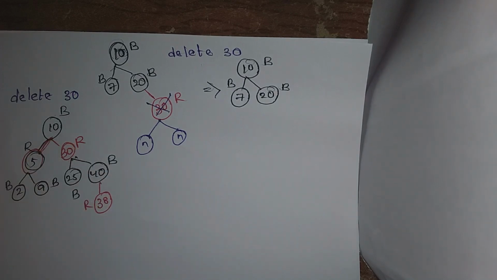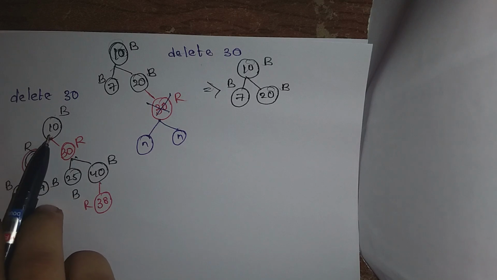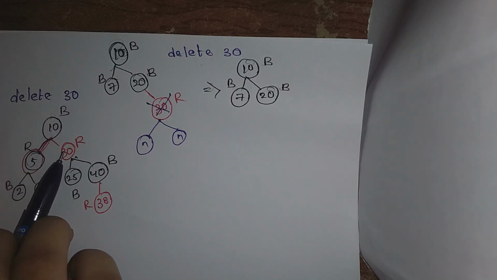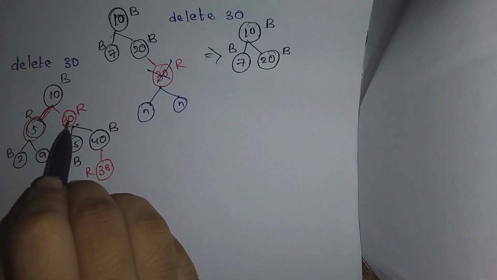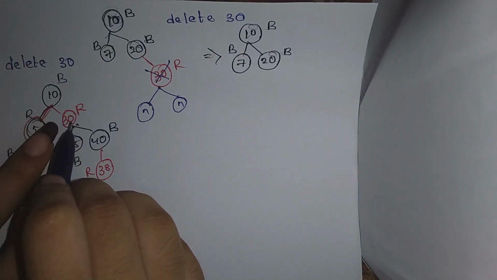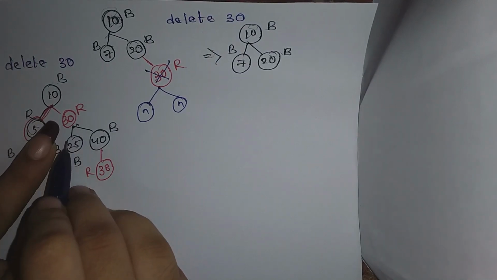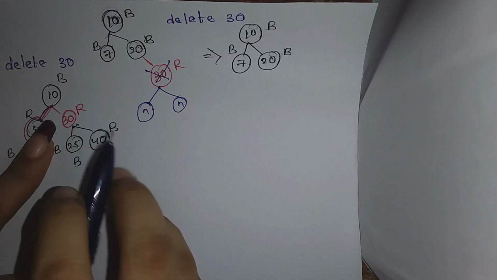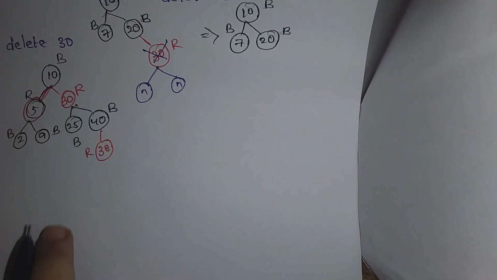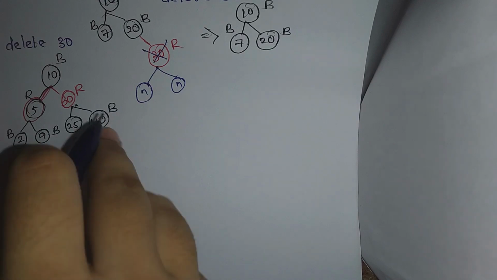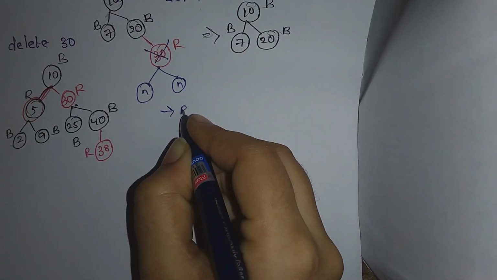We come from the root, and 30 is greater than 10, so we found the 30th element as the child of 10. Now we can see that 30 is not a leaf node. It has two children. So if it has two children, we need to follow BST deletion.